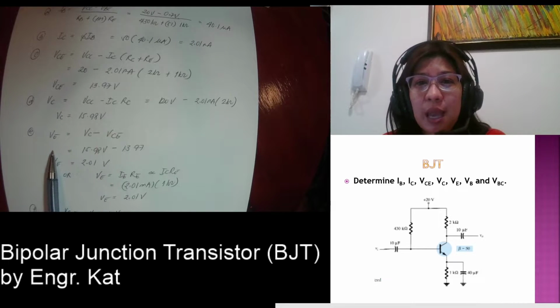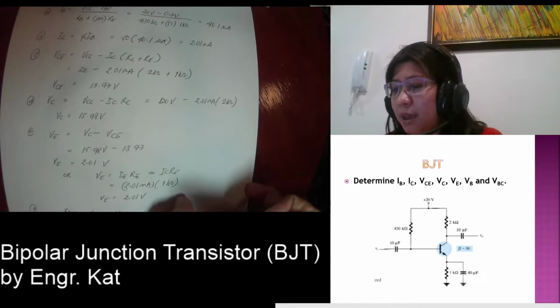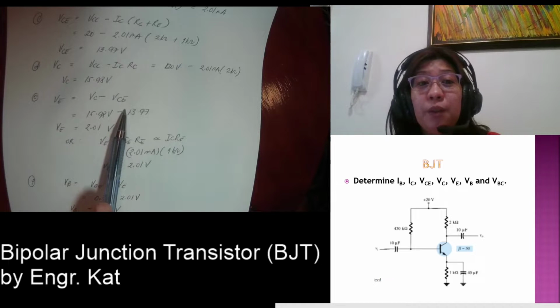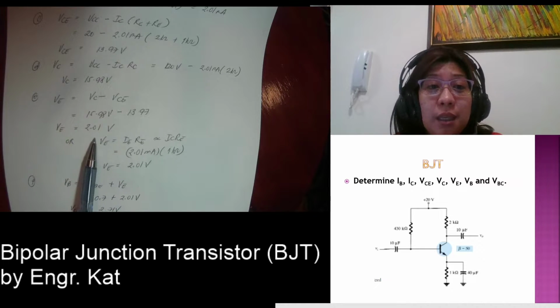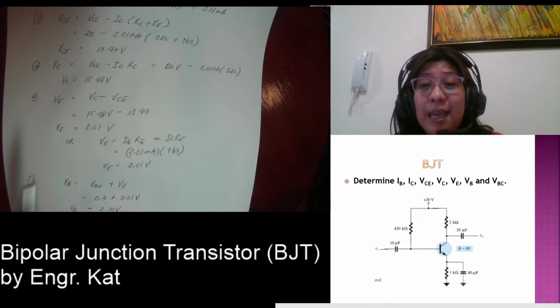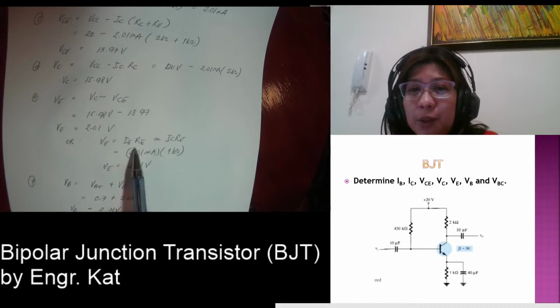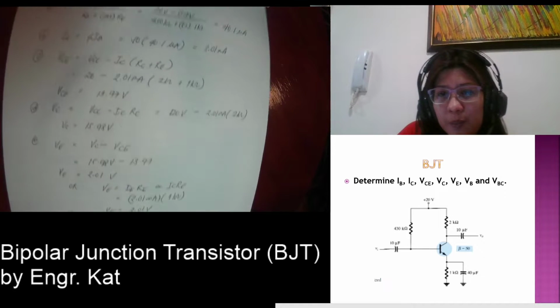What is VE now? So we said VE is equal to VC minus VCE. So VE is equal to 2.01. This time, can we make use of VE is equal to IERE? Let us go back to your circuit.